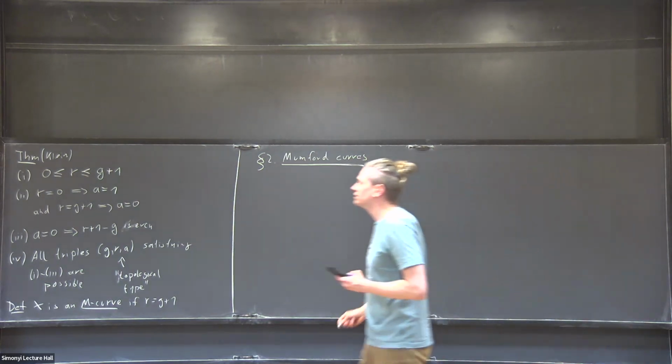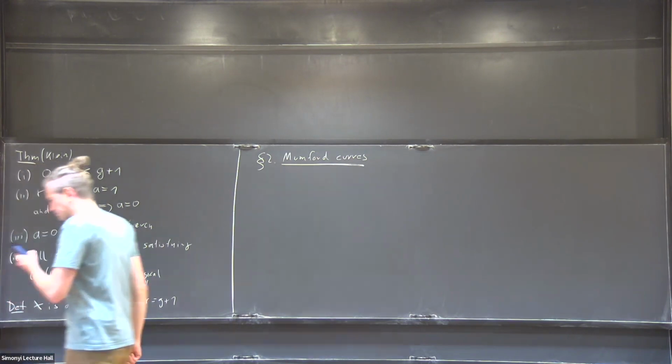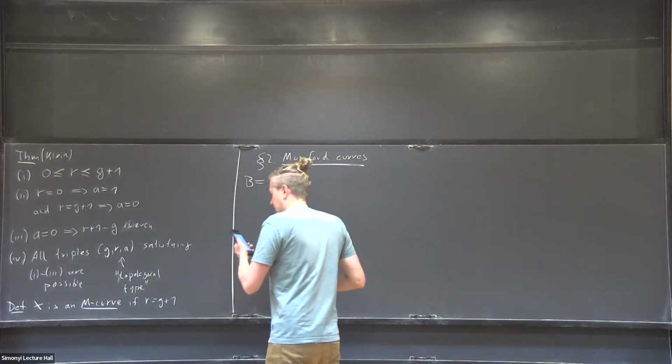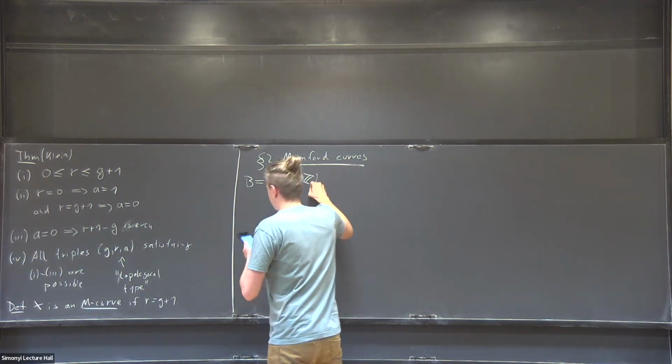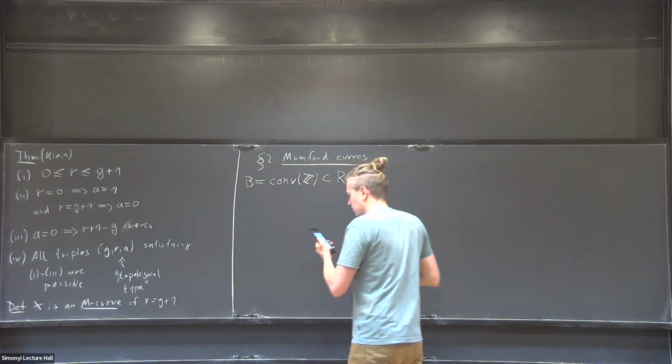So now we want to look at degenerations. And we take the following setup. We look at the valuation ring.